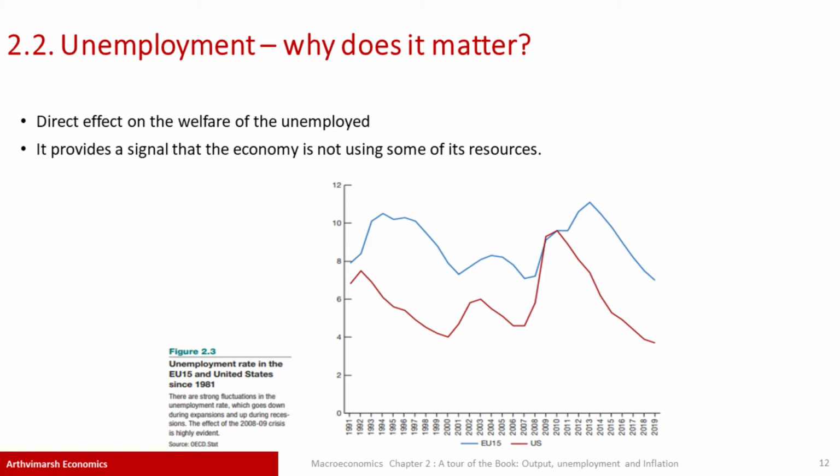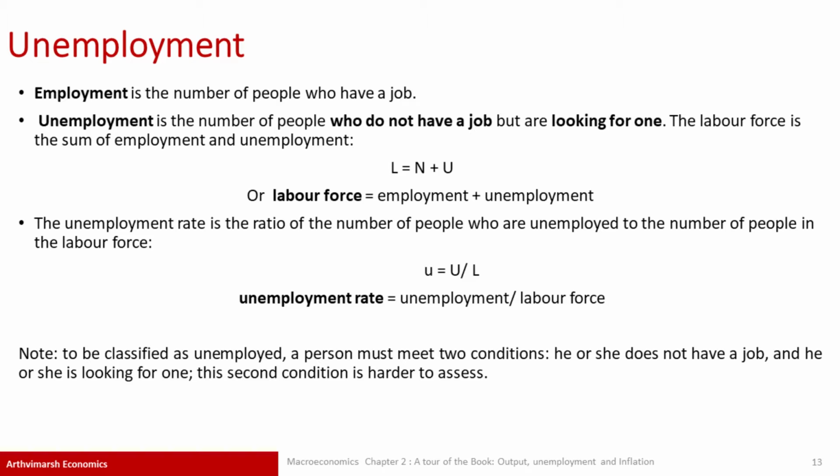Let us now try to define what the unemployment rate is. First of all, employment is the number of people who have a job. Unemployment is the number of people who do not have a job but are looking actively for one. The labor force is the sum of employment and unemployment.